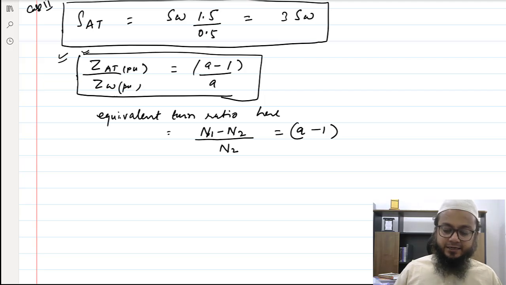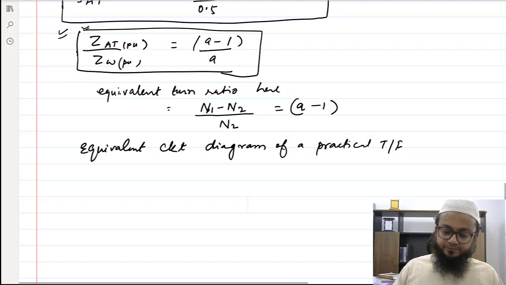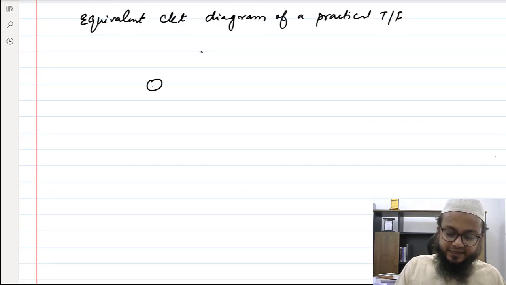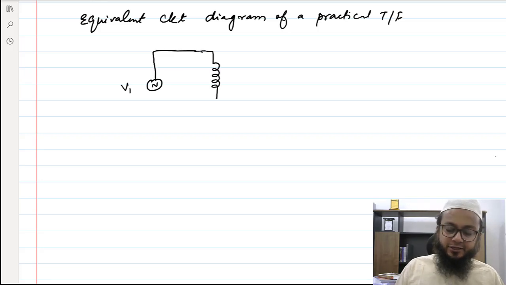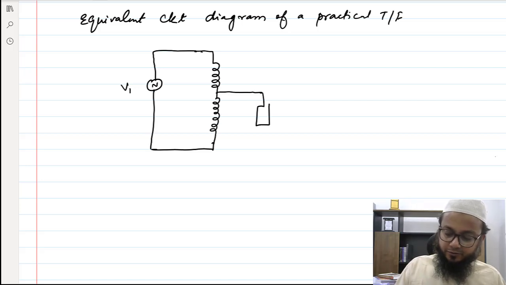Now we will see the equivalent circuit diagram of a practical autotransformer. Since we have energized from the primary, I'm just drawing the winding configuration first, for a step down, and this is connected to the load, right?